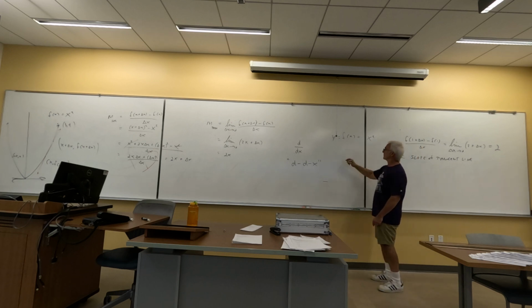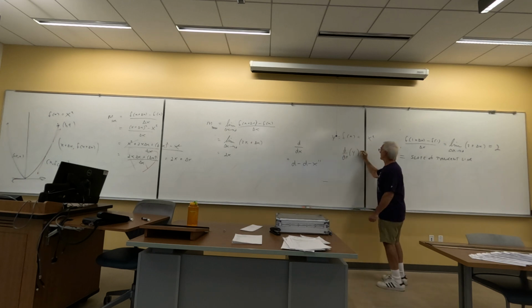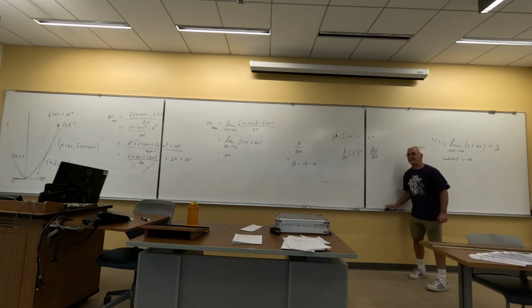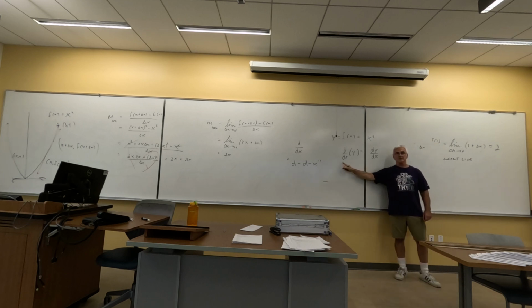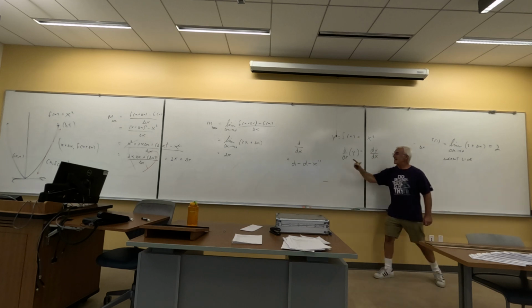So I want to take the derivative. So I'm going to say d dx of y, and then we write that like this. dy dx means I'm taking the derivative of y. I just go ahead and throw the y in the quotient. This is now the derivative.